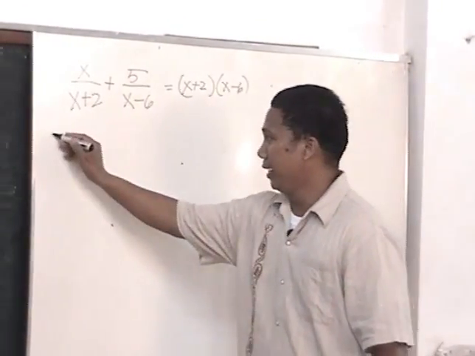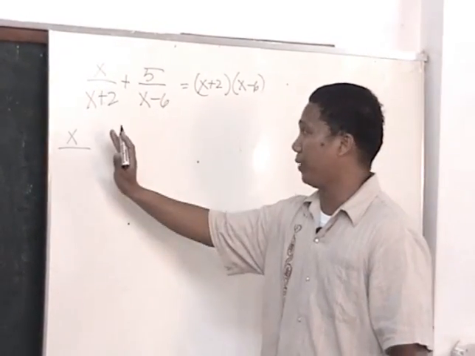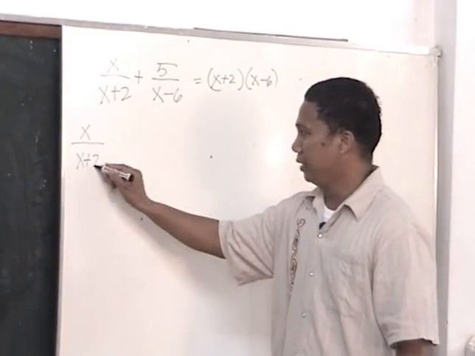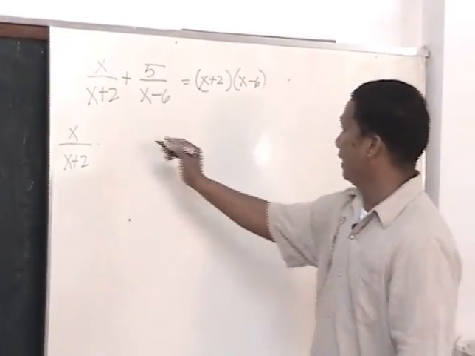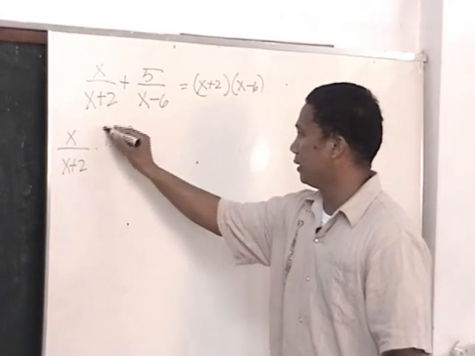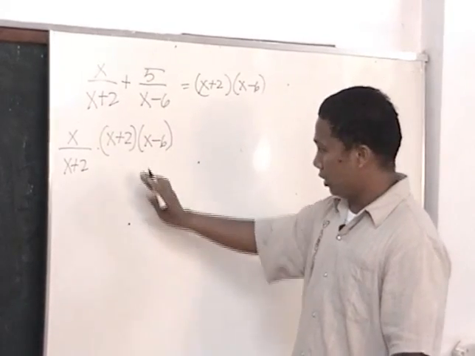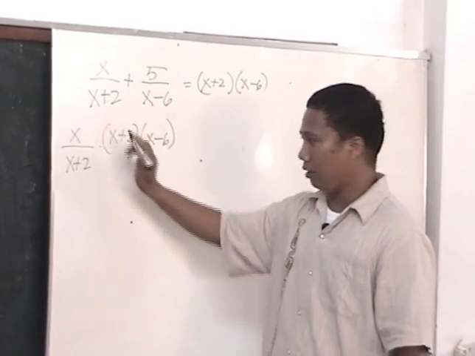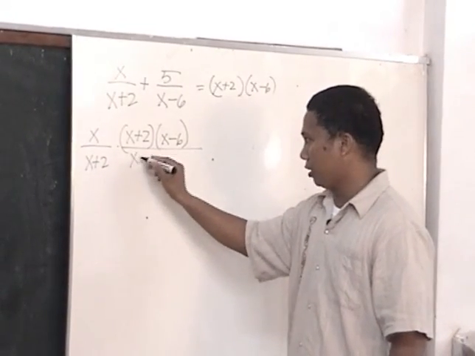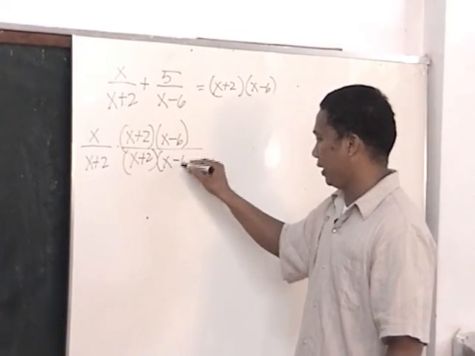So first, we have to get the value of the first rational expression, x over x plus 2, and it will be multiplied by the LCD, which is x plus 2 and x minus 6. But since we are multiplying on the numerator, we also use the same value, x plus 2 and x minus 6.